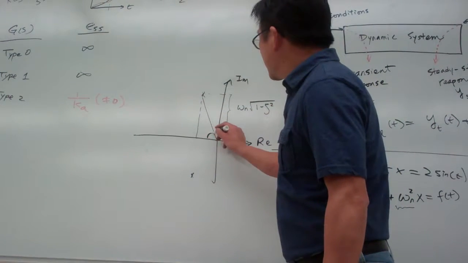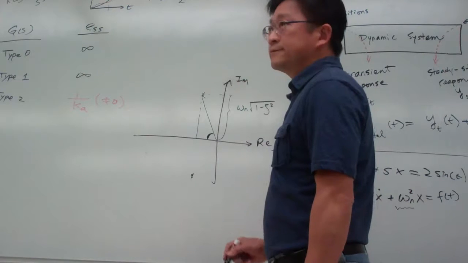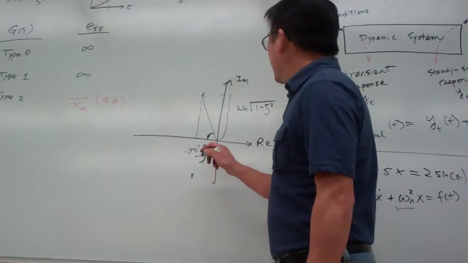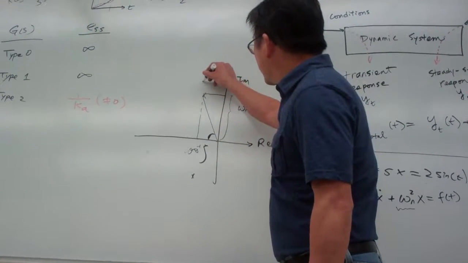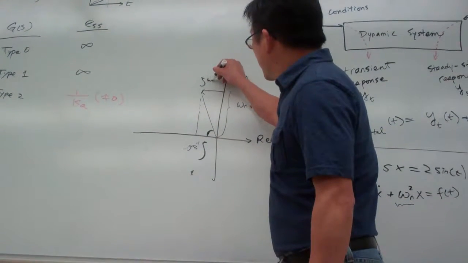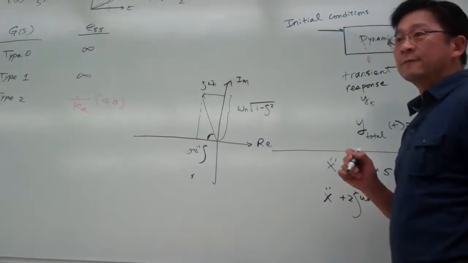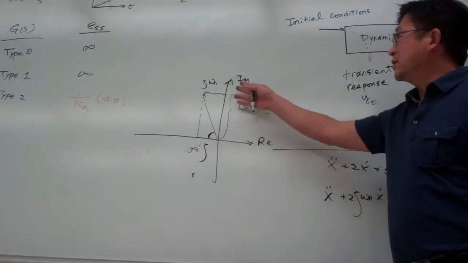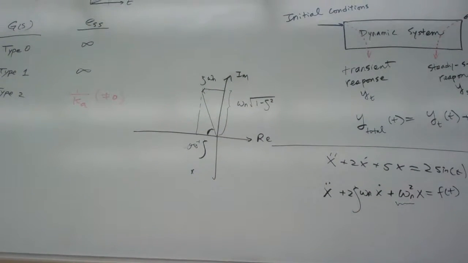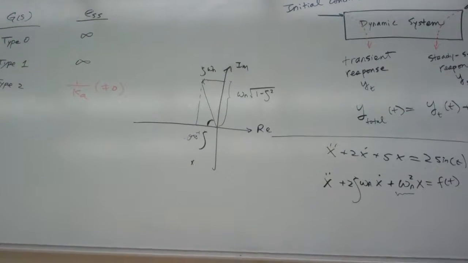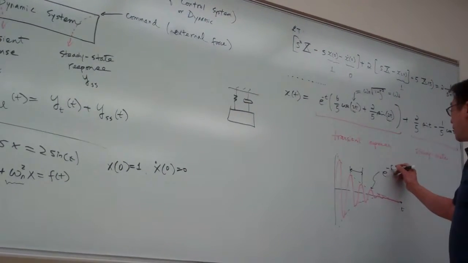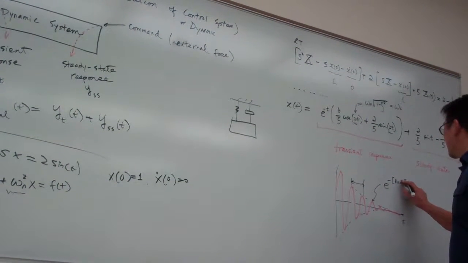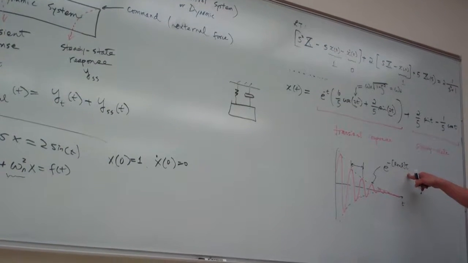This angle is from cosine, zeta, so this amount is zeta times omega n. The imaginary part governs the vibrations, and the profile is governed by the real part times t.